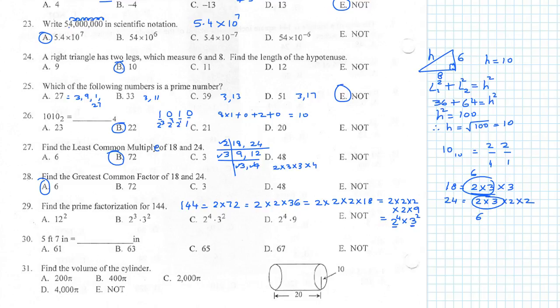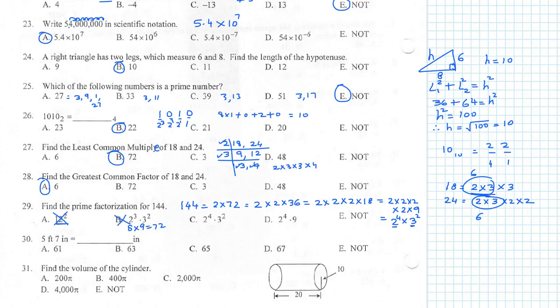So let's take a look at the answers. 12 squared cannot be the answer because 12 is not a prime number, so we can eliminate that. B is also incorrect because 2 to the power 3 is 8, and 8 times 3 to the power 2, which is 9, is 72. So clearly we can eliminate this answer as well.